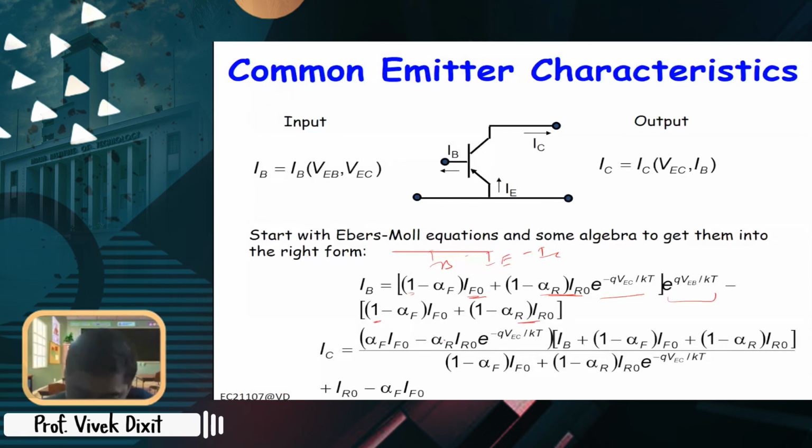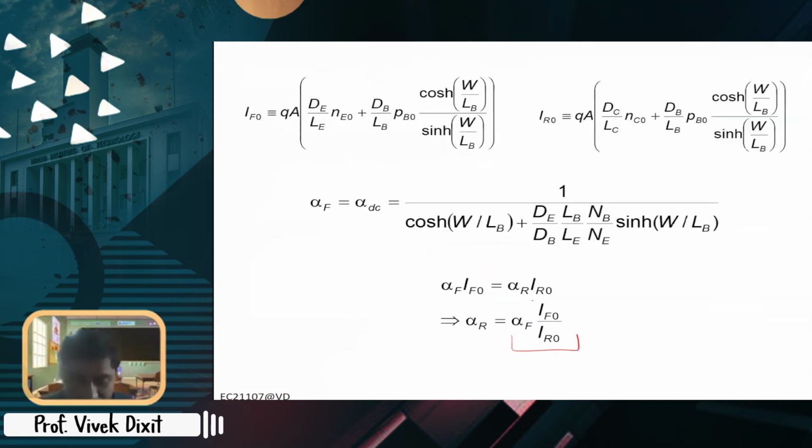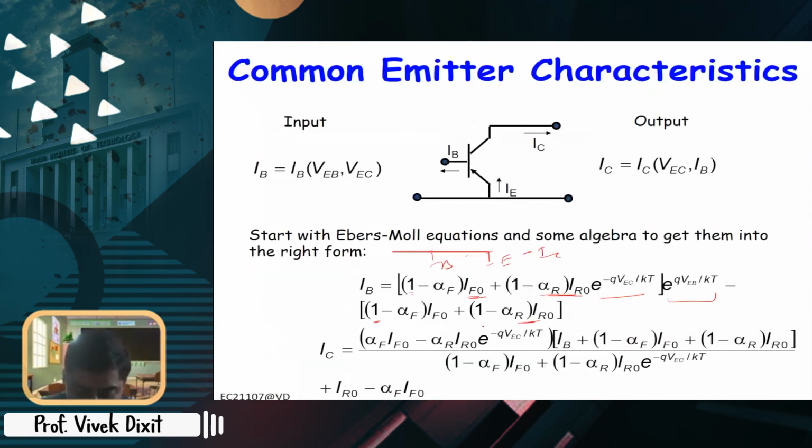And then IC is basically alpha F IF naught exponential QV by KT, and then this is again VCB, plus IR naught QVBC by KT.